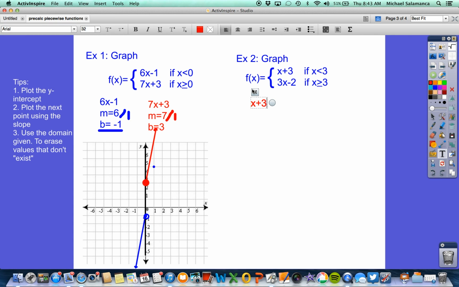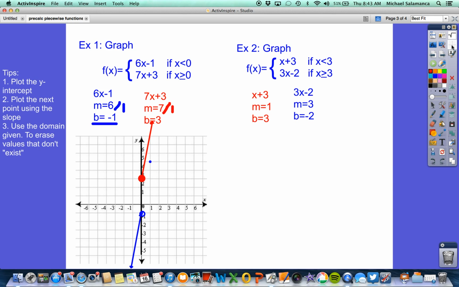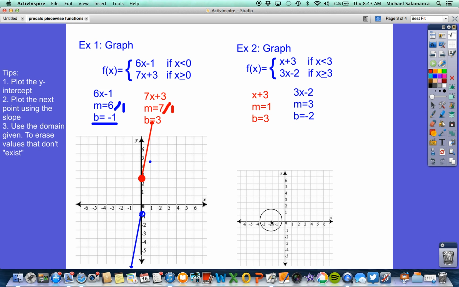So let's try another one. For x plus 3 in red, we know the slope is 1 and the y-intercept is 3. For 3x minus 2 in blue, the slope is 3 and the y-intercept is negative 2. We're going to graph that really quickly.